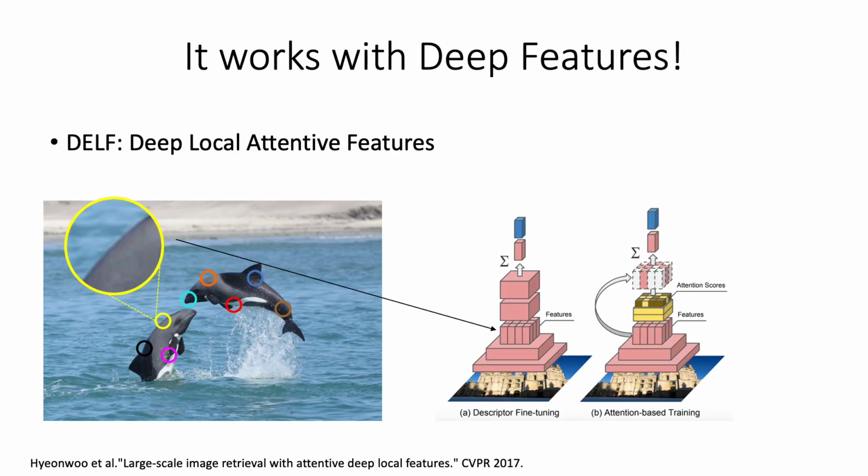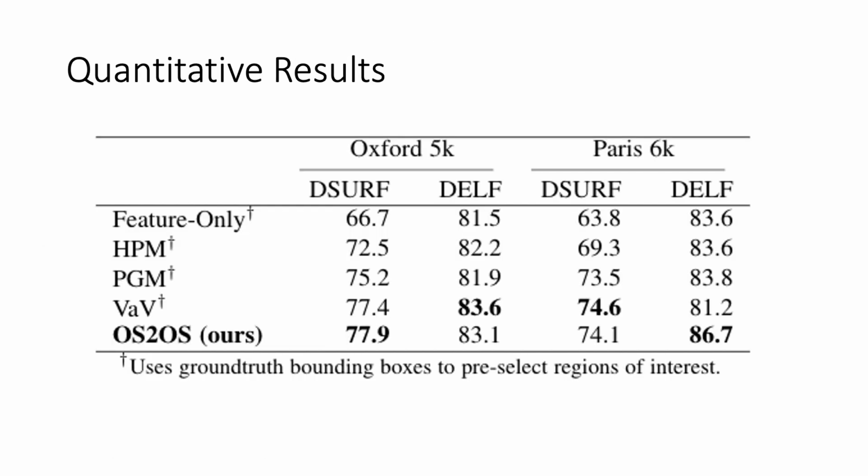Additionally, we can use deep features with it, such as the deep local attentive features from Google Labs, also known as DELF, and insert them instead of the other local features that we were talking about before. Using this type of approach, we see on the Oxford and Paris datasets that the algorithm performs very comparably to other state-of-the-art algorithms in the field.